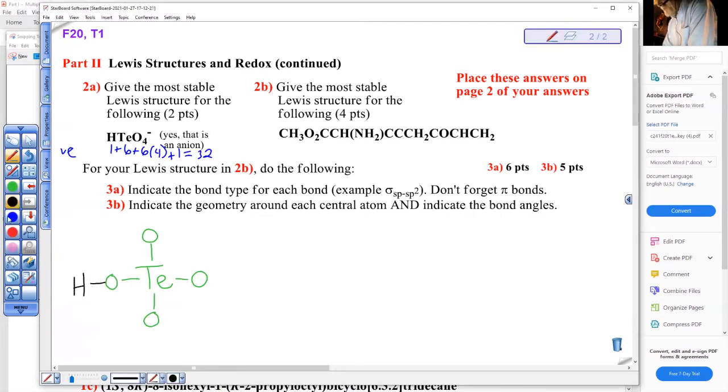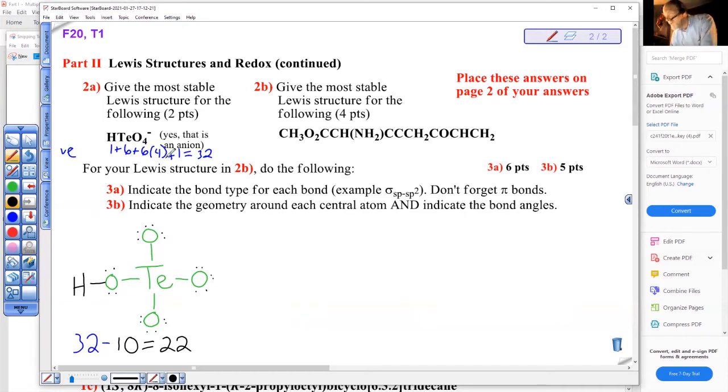Now it's time for some bookkeeping. You have to come up with 32 electrons, and you've drawn how many bonds? 5: 1, 2, 3, 4, 5. How many electrons are in 5 bonds? You guessed it, 10. 22 more to go. Lone pairs until octets are full. Did I do some bad math just a second ago?